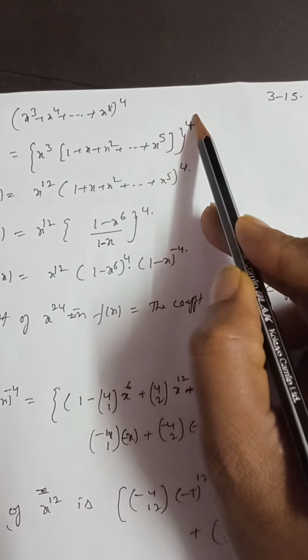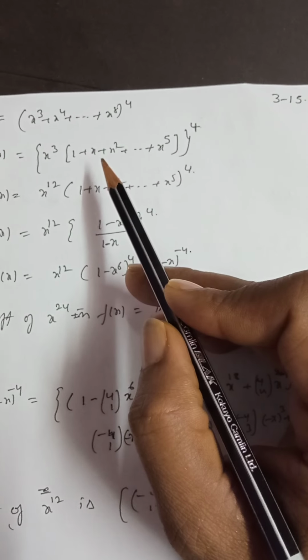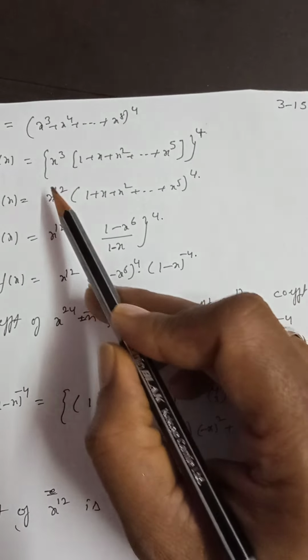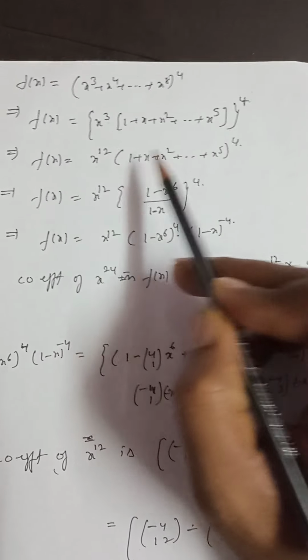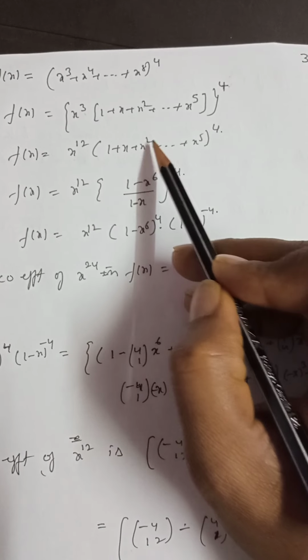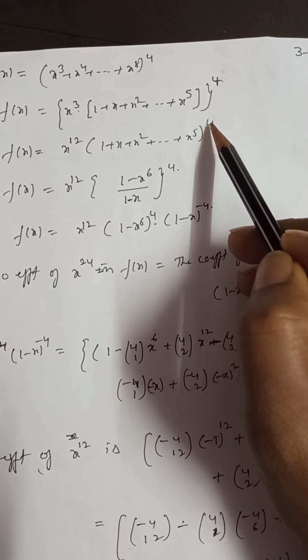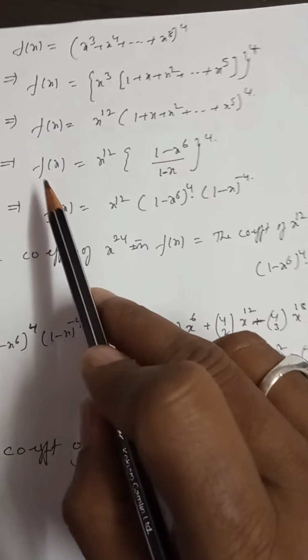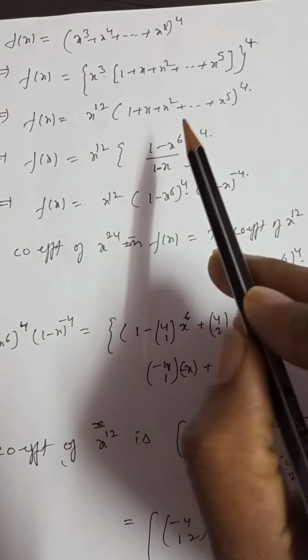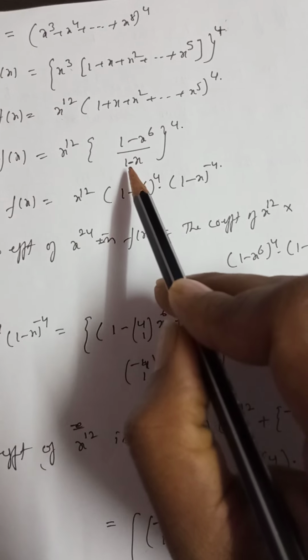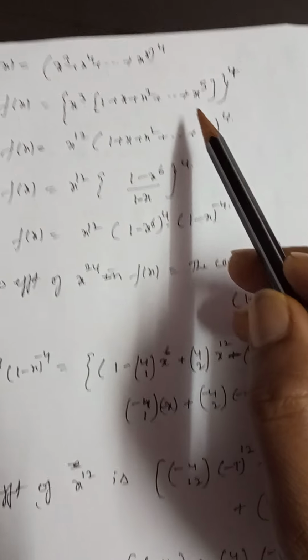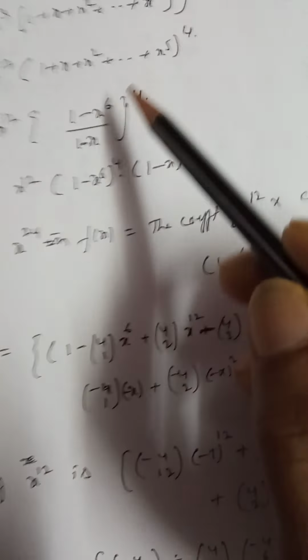Again (ab) whole to the power of m can be written as a power m into b power m. Now (x cube) whole power 4 is nothing but x power 12 into (1 plus x plus so on x power 5) to the power 4. Now f of x is equal to x power 12 into ((1 minus x to the power of 6) divided by (1 minus x)) to the power 4. This is the formula.